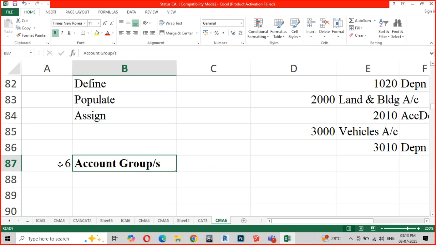When you talk about the general ledger accounts, there could be n number of GL accounts differing in their nature. What do I mean by this? One could be a balance sheet account. Another one could be a profit and loss GL account.